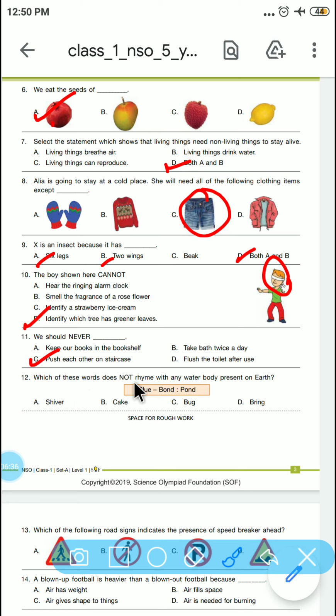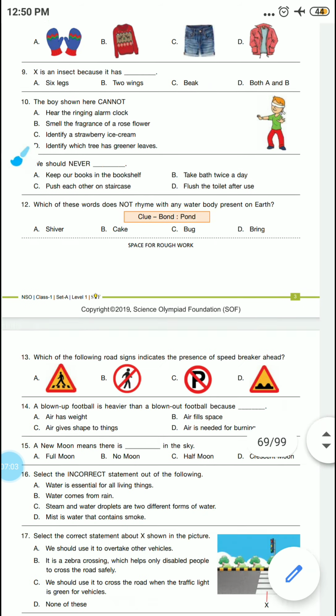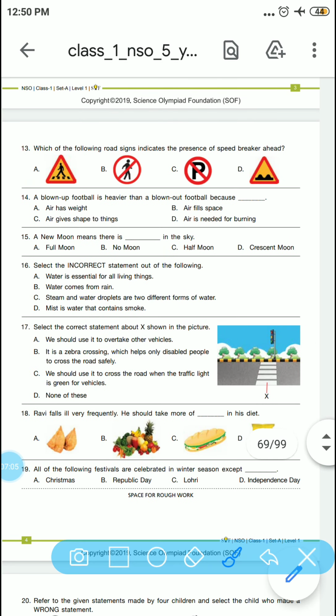Which of the following rhymes with any water body present on earth? Clue, bond and pond. Let's see which is not a rhyme here. So the answer is option C. Okay, let's see the next question, which is a signboard one.